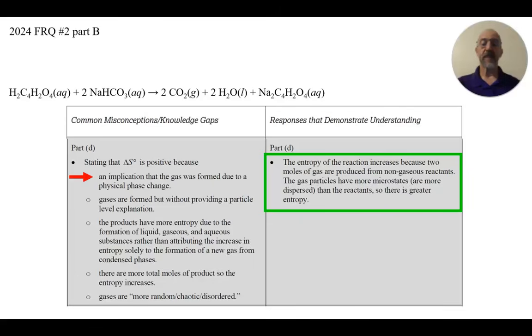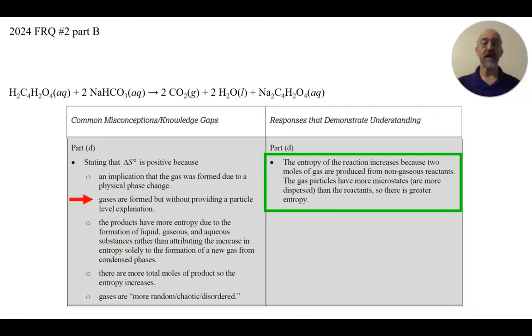First example, an implication that the gas was formed due to a physical phase change rather than a chemical reaction in which gaseous products are produced. So this was not a phase change, but rather a chemical reaction. The next incorrect explanation is that gases are formed, but without providing a particle level explanation.